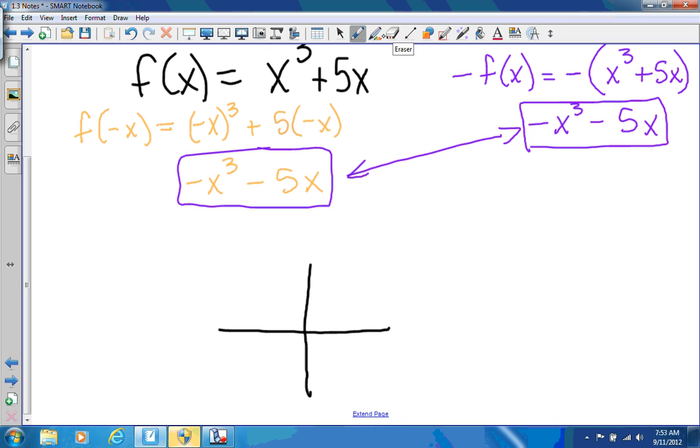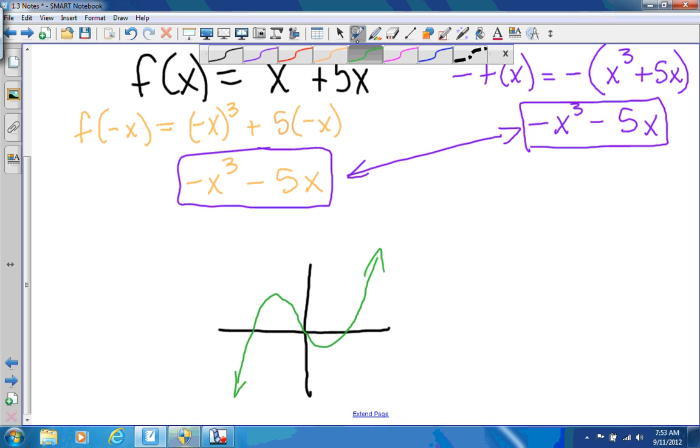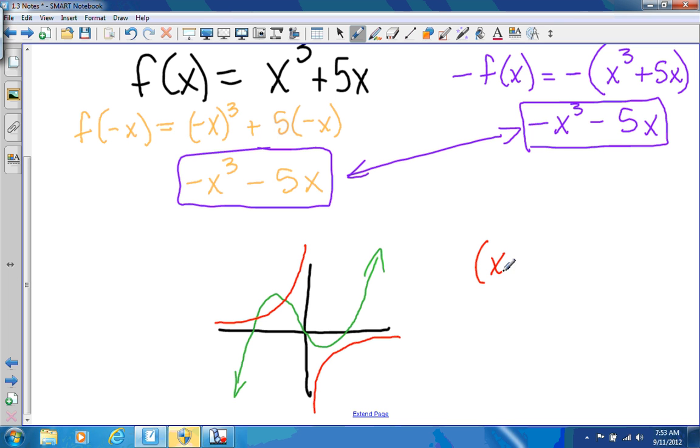Now when you look at an odd function, it could be something like that. Or possibly even something like this. Either way, if you have a coordinate (x, y) on the function, and here we're looking at the green one, let's say this point right here, then there is also a coordinate of (-x, -y).